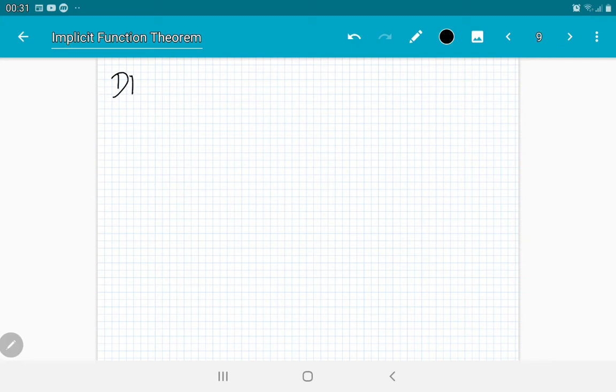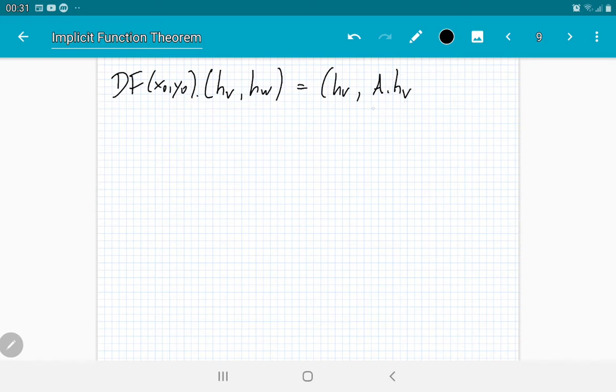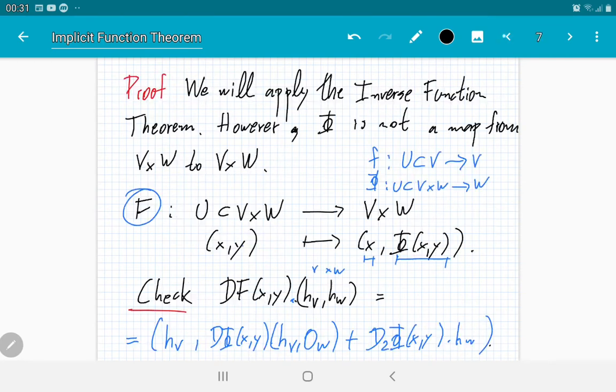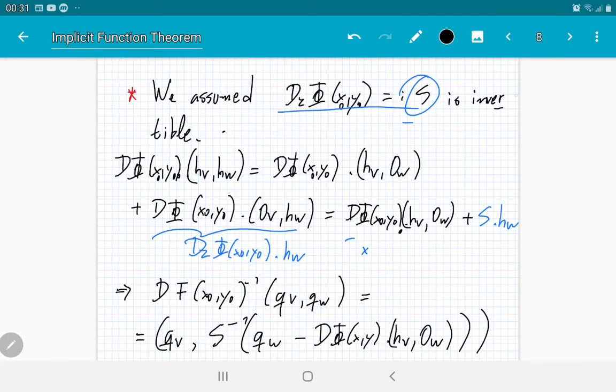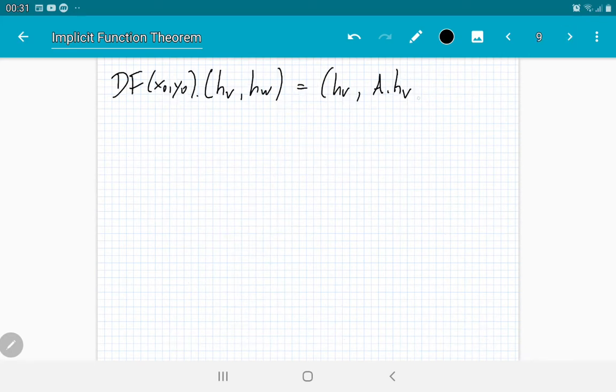So df at x naught, y naught applied to hv, hw has the form hv, then a linear operator a applied to hv plus s applied to hw.